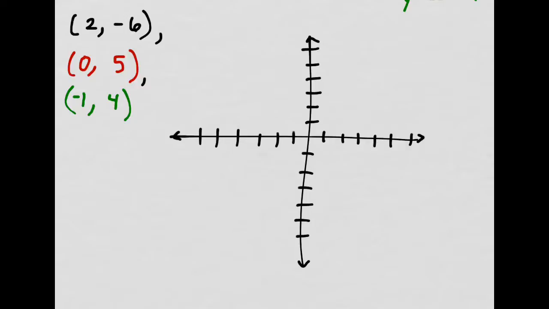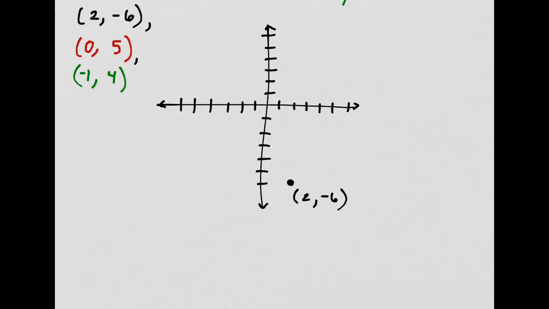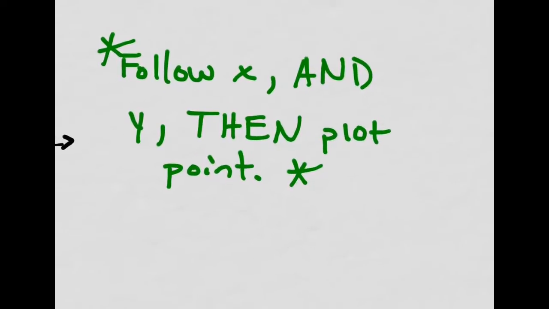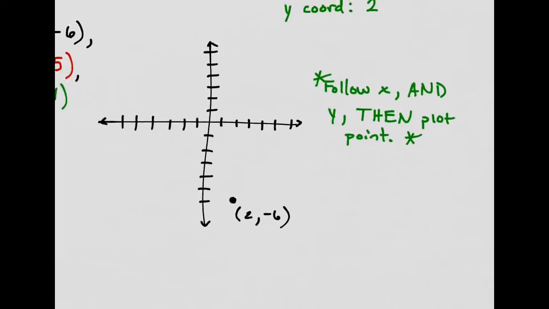So there is where my point actually goes. So that is (2, -6). And it's in the fourth quadrant. So remember, you have to follow both x and y coordinates, then plot your point.